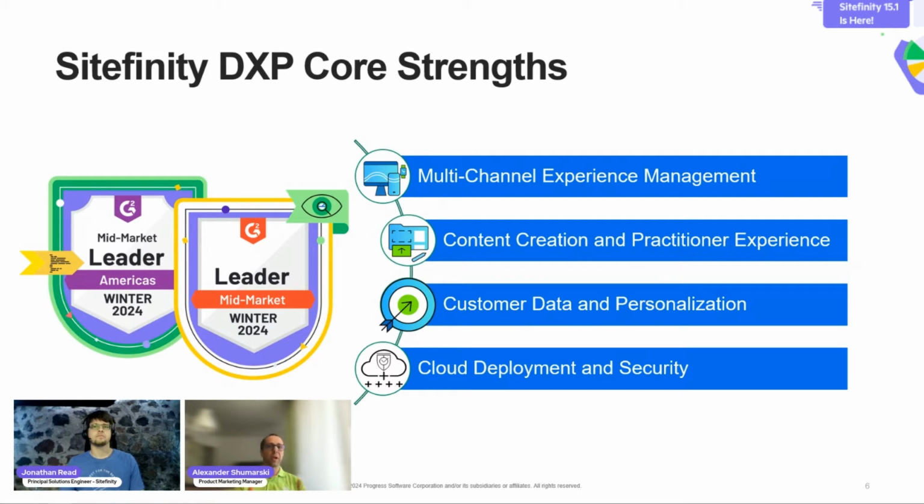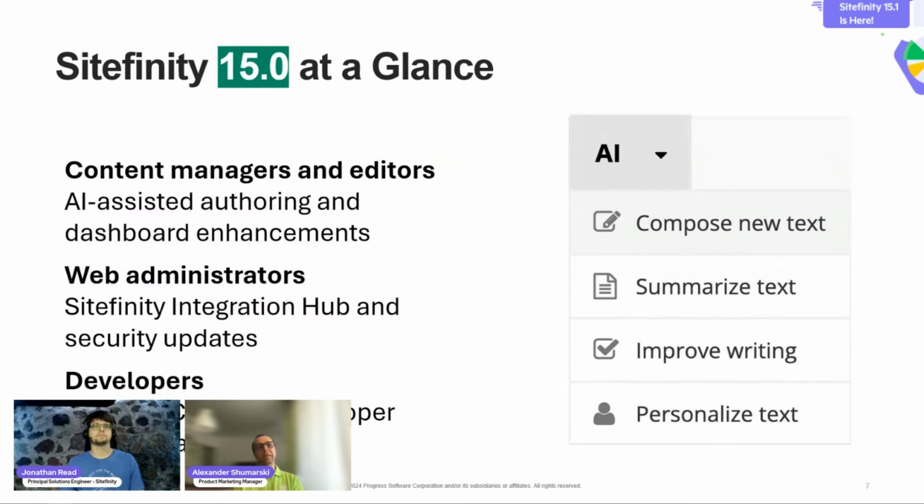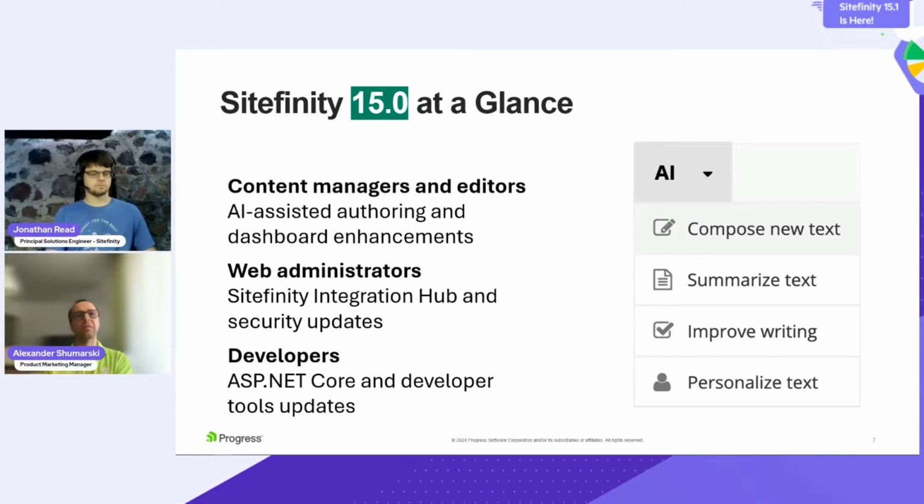For those of you who haven't upgraded yet, who are new to Sitefinity and want to know, there are a couple of things, and our face is actually just masking the stuff that we have for developers. But for content managers and editors, we mentioned AI-assisted authoring. I can share my view why I believe it's really cool to have AI-assisted authoring in my toolbox.